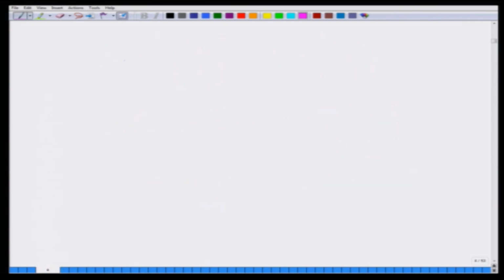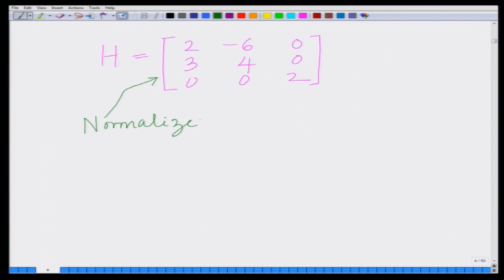So, the SVD can be found as follows. Let us go back to our channel matrix, which is 2 minus 6 0, 3 4 0, 0 0 2. Now, I can normalize each column, that is I can make each column unit norm.